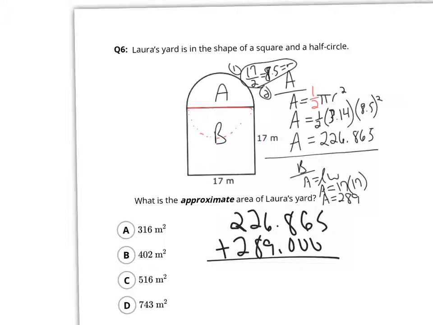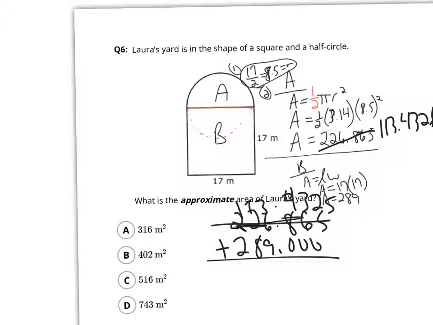This first part, actually, we forgot to take half on our circle, so this would be 113.4325.